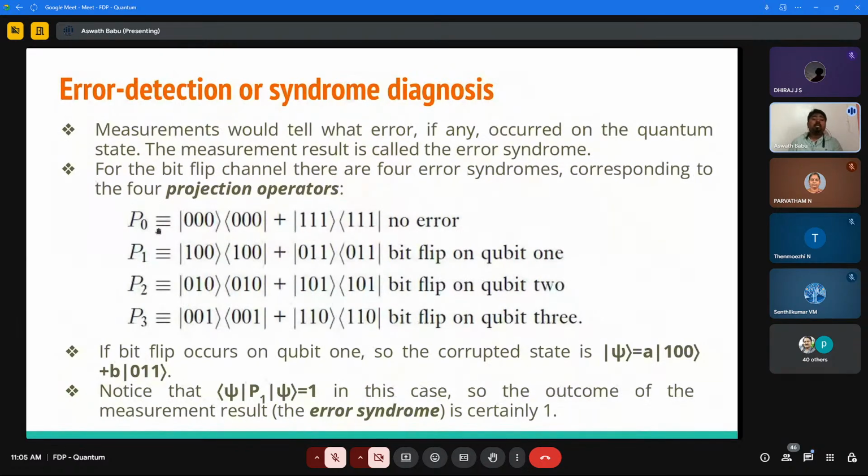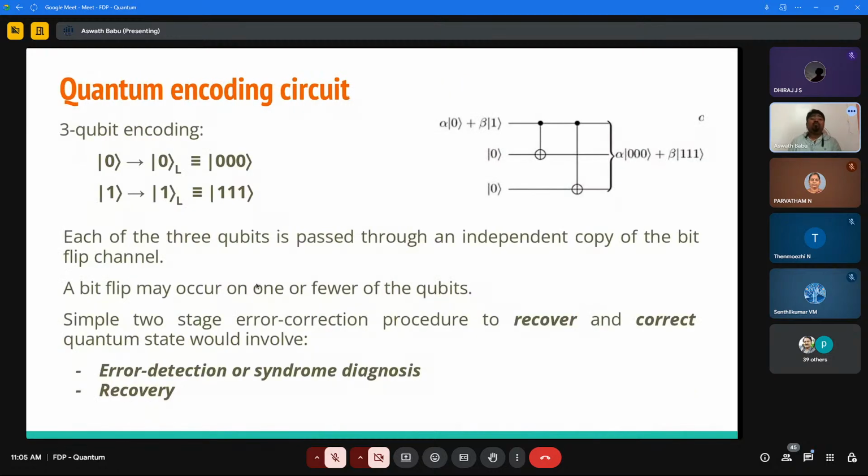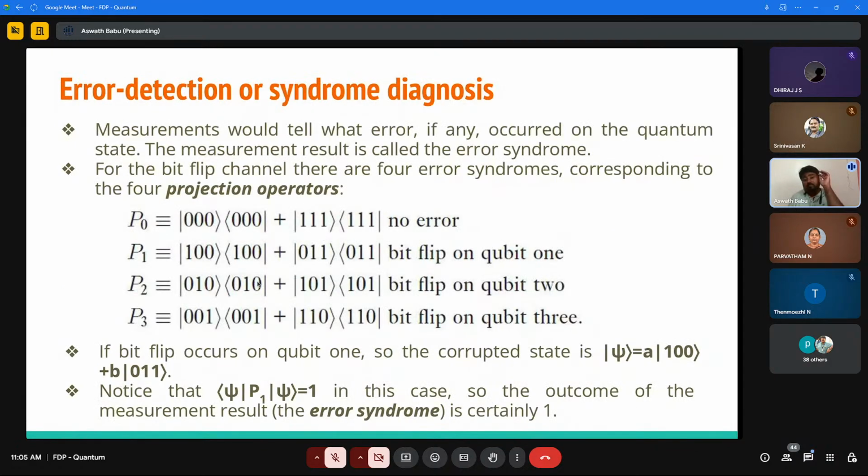Okay, so just by the action of P0, P1, P2, P3 on a given quantum state, without disturbing its quantumness, I am able to find what is happening in the transition. Okay, right? So this is how I am going to find which qubit in my logical qubit is going to be compromised, whether it is the first one or the second one or the third one.